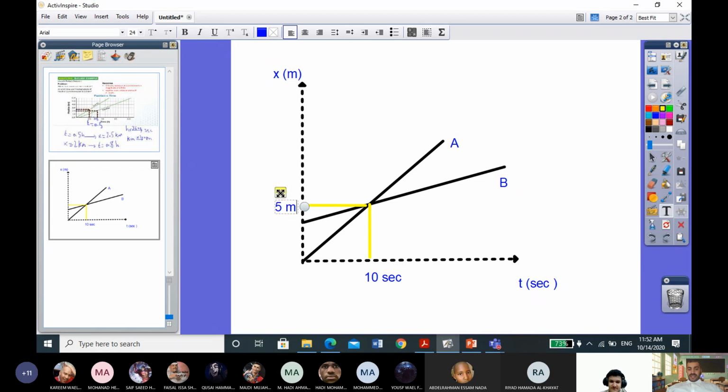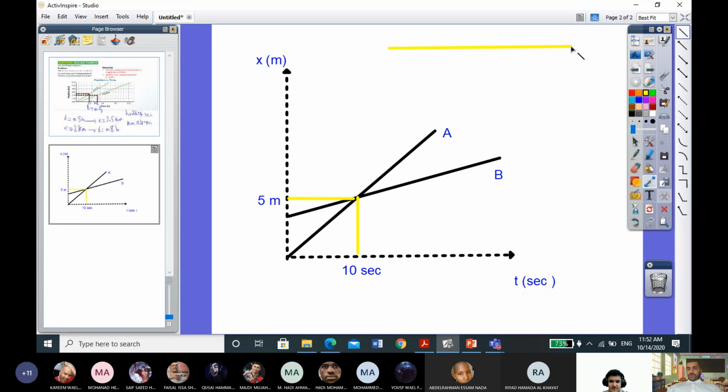So what will you observe if there are two moving cars on a road?